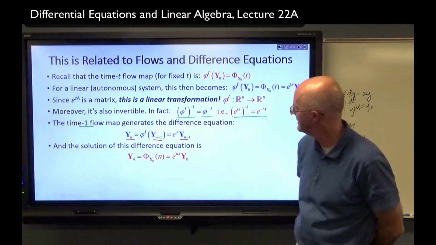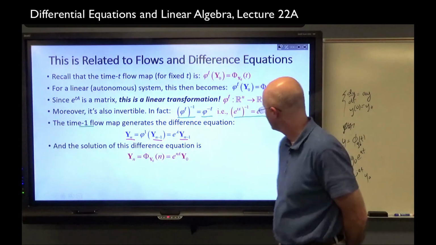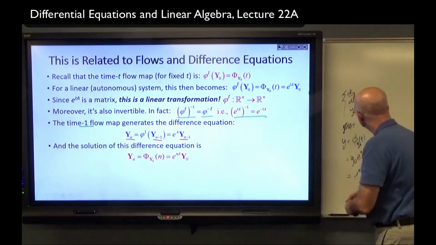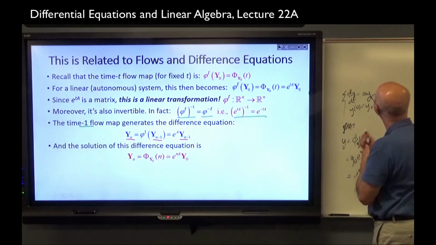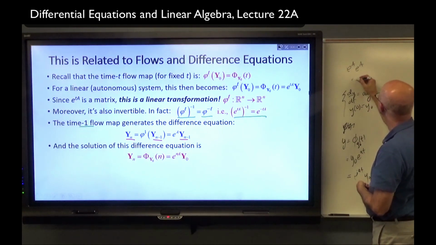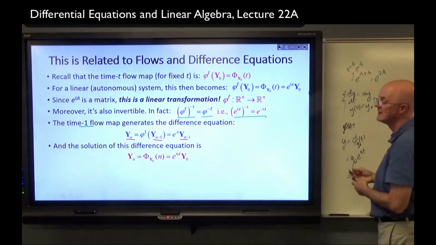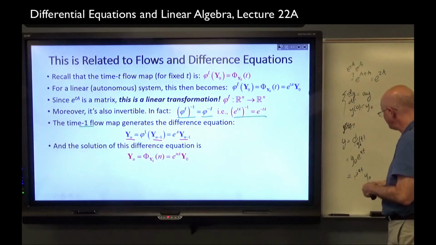Okay, though there's some things that need verification there as well, like is this true? Is e to the A times e to the A, which is e to the A plus A, which we call e to the 2 times A. Is that true? It turns out, yes, it is true.